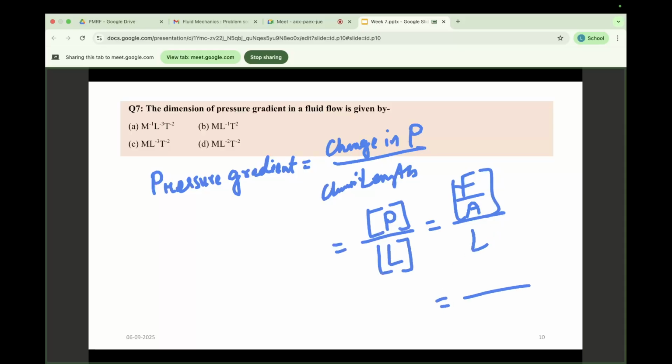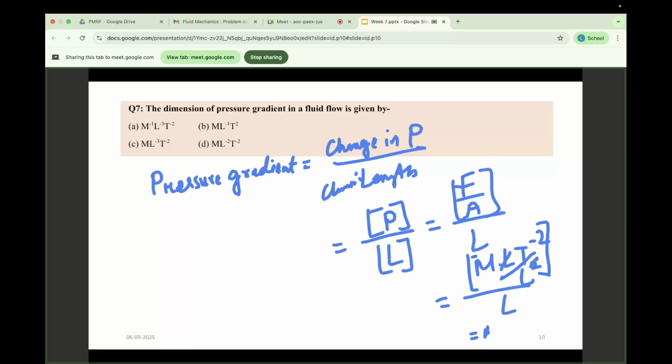So force is mass into acceleration, that means M into meter per second square, L to the power minus 2. Area is L square, and below is L. So one L is cancelled out.